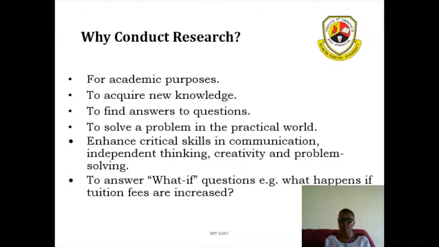Now, why do we want to do research? It isn't just an academic objective to get that degree. One, it is to acquire new knowledge. And this, I believe, should be one of the key driving points to carry out any research. For you to do any kind of research, you want to acquire new knowledge.